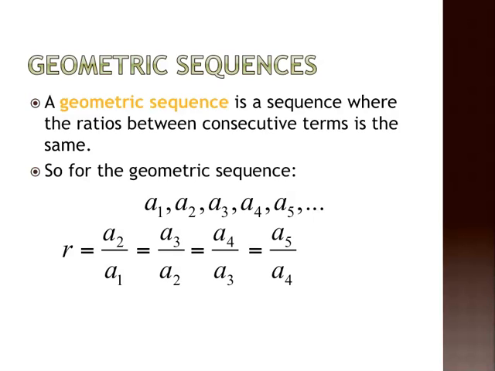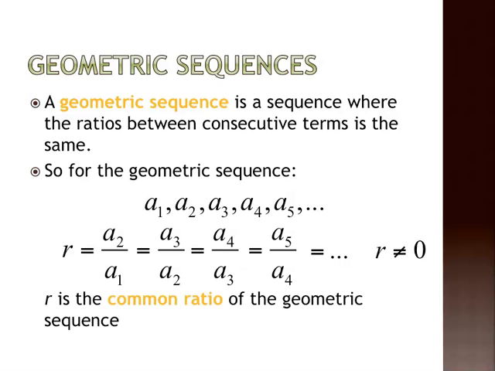And so you can see what we're really doing here is we're really finding what R has to be. In other words, what number do I multiply to get to the next term? Okay. Now, one thing to note, R cannot equal 0 for this to work. And then we call R the common ratio of that geometric sequence.